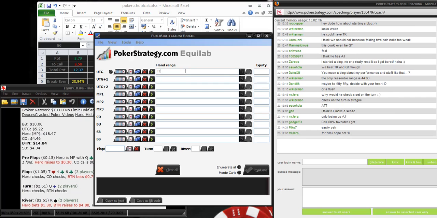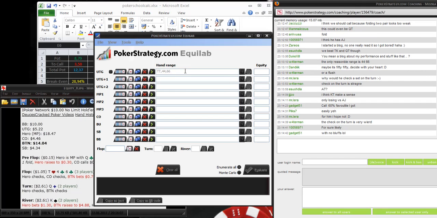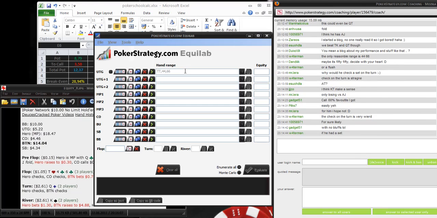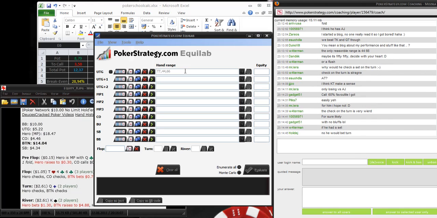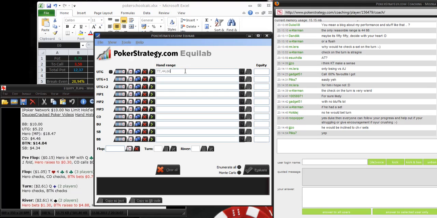Pocket tens, it's very likely. Pocket fours, pocket sixes, and what do you think about pocket queens? Could pocket queens be in the button range? Yeah, it's actually true that it could.